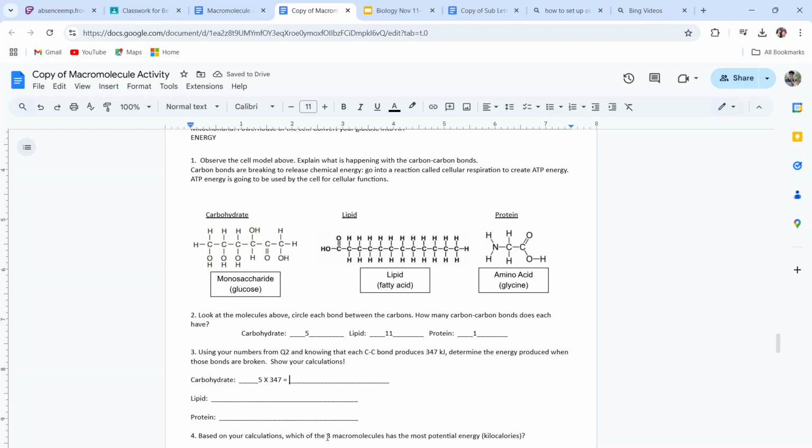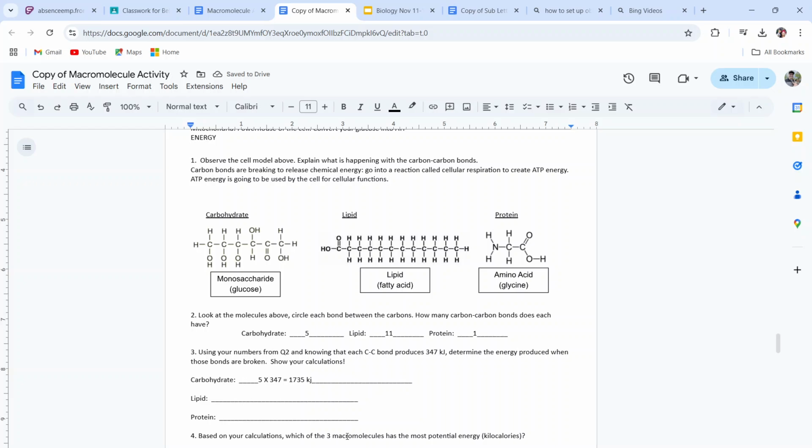When I do that, give me just a moment, I'm going to pull up my calculator. 5 times 347 is going to result in 1,735 kilojoules of energy.